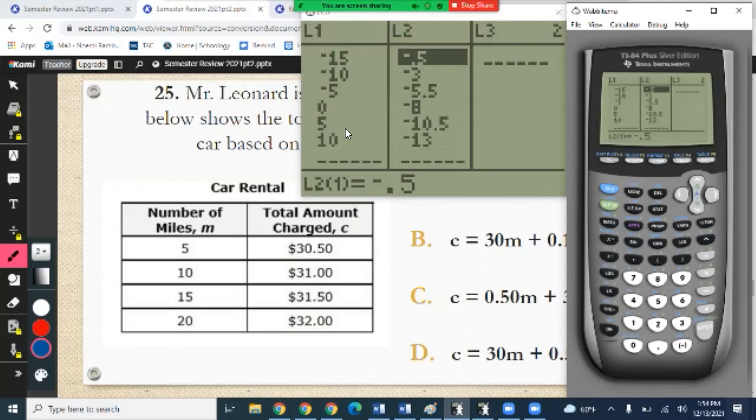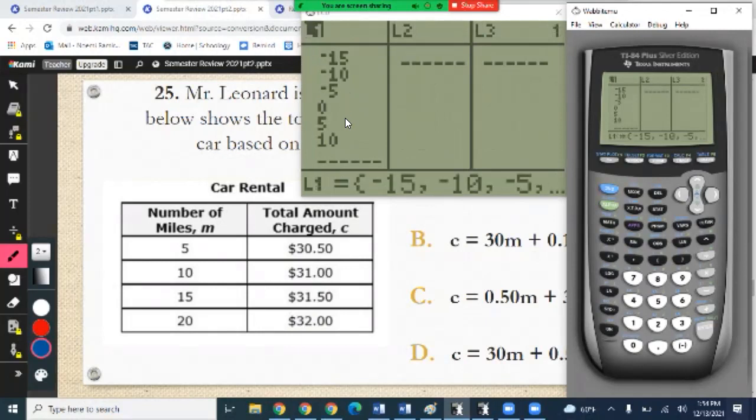Stat, edit. Now, I already have numbers in here, so how do I get rid of those? Up, clear, enter. Never press delete, because if you press delete, Ms. Ramirez is going to have to fix it for you.